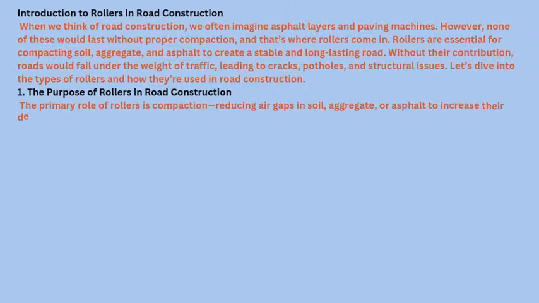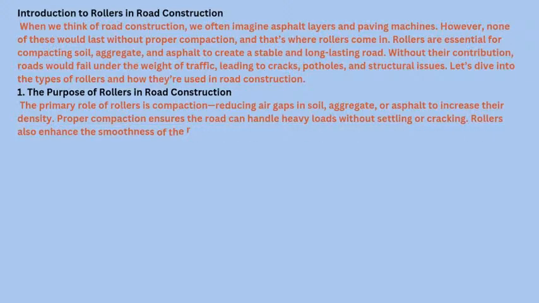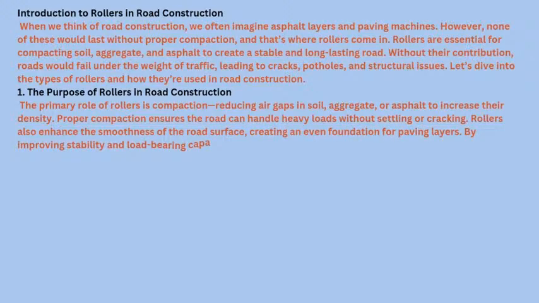Proper compaction ensures the road can handle heavy loads without settling or cracking. Rollers also enhance the smoothness of the road's surface, creating an even foundation for paving layers. By improving stability and load-bearing capacity, rollers directly contribute to the road's durability.